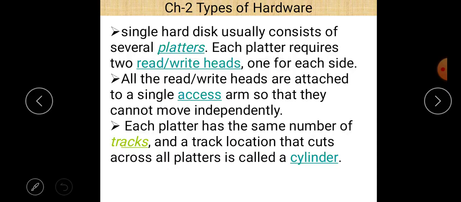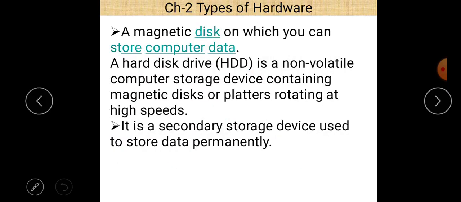Now again let us revise the key points. First of all, hard disk is a magnetic disk, and it is a non-volatile memory. It means we can store the data permanently into the hard disk, and it is a secondary storage device used to store data permanently.